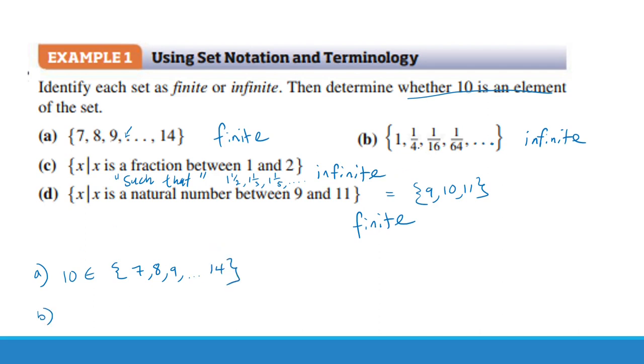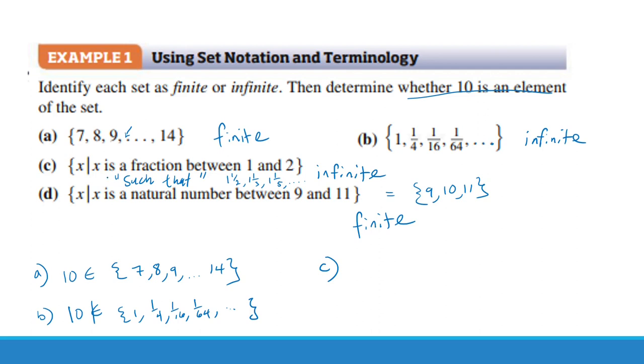In part B, we have fractions 1, 1/4, 1/16, 1/64, and it will continue to have fractions 1/128 and so on. So 10 is not an element of this set.